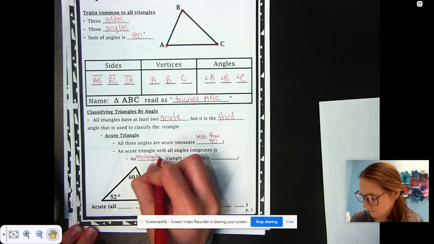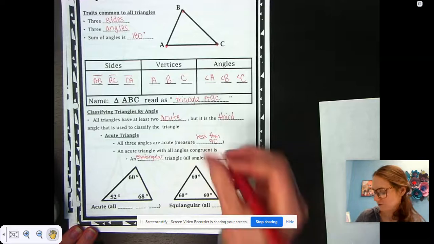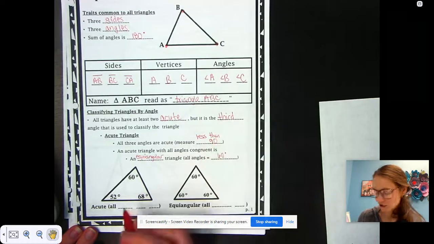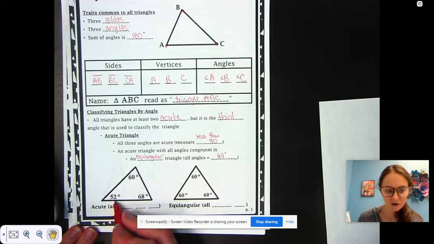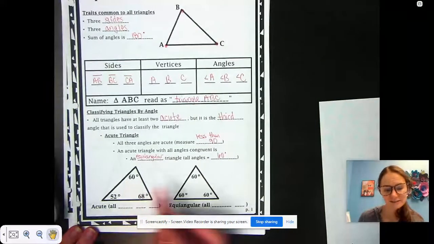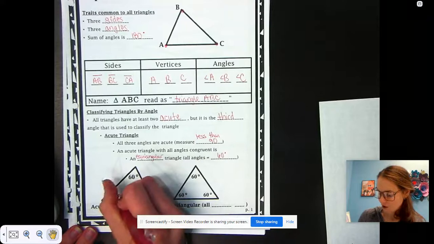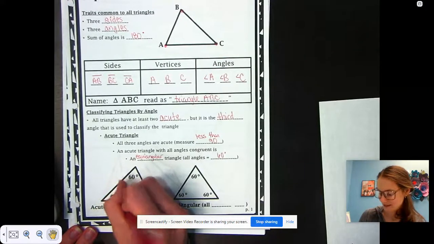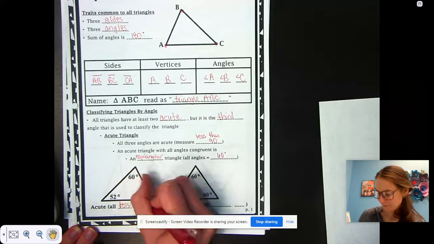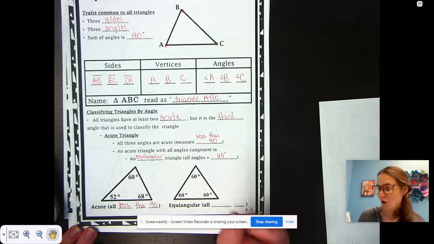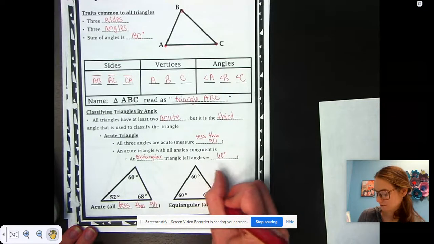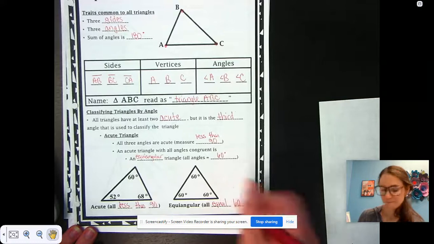All angles equal 60. So for this one, we have acute, all are less than 90 degrees here. Equiangular, they're all the same number, all equal. Okay, 60.